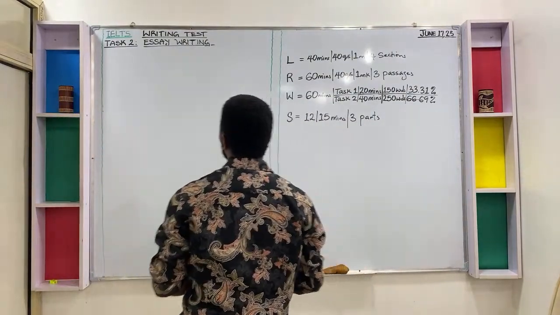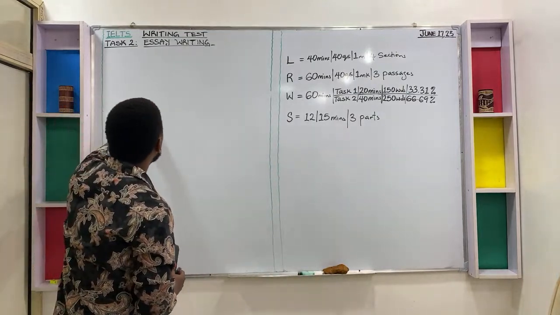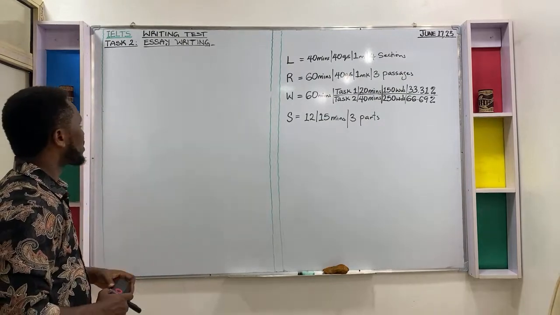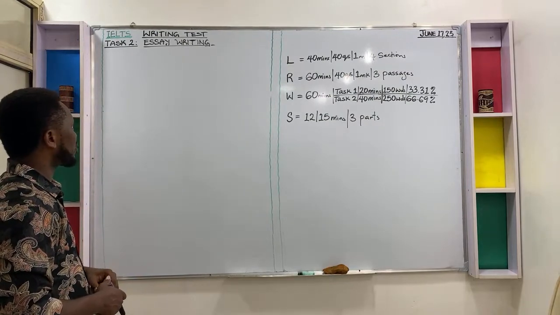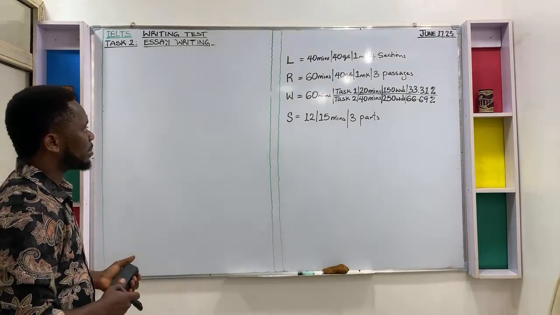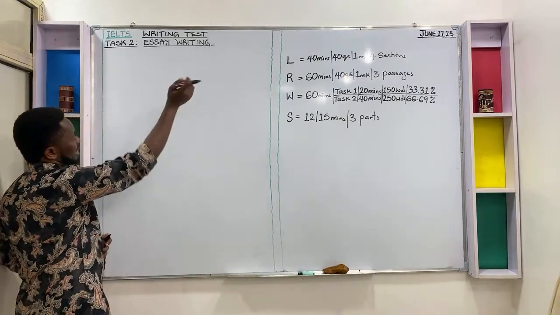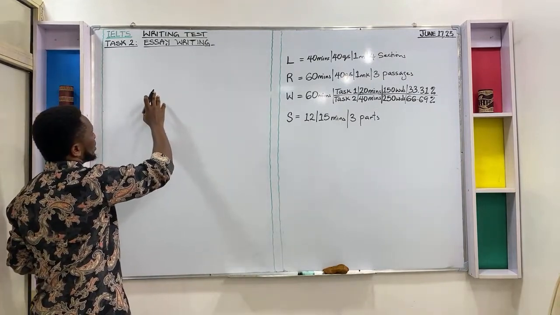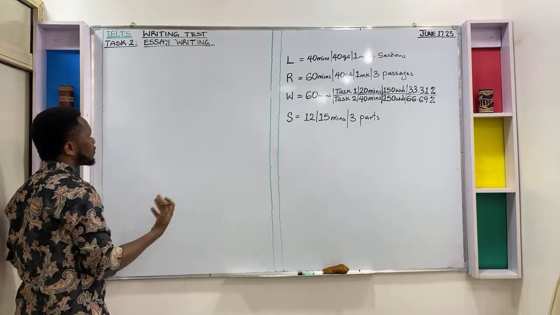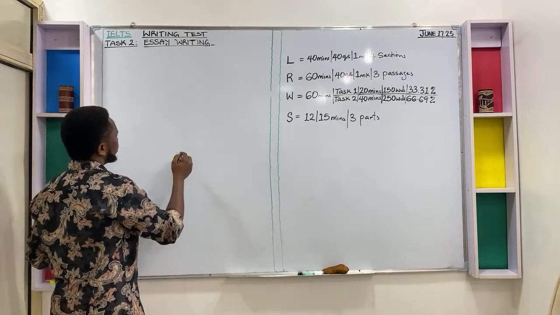Okay, so to begin today, we shall look at the writing test. Now, the writing test is actually called an essay. But I would like to explain the different types of IELTS tests that you write based on your need for the proficiency results.